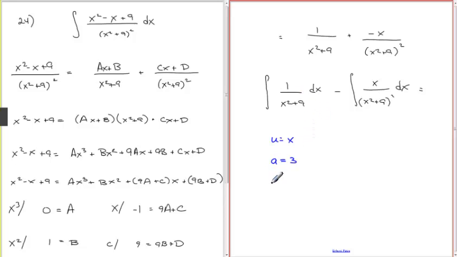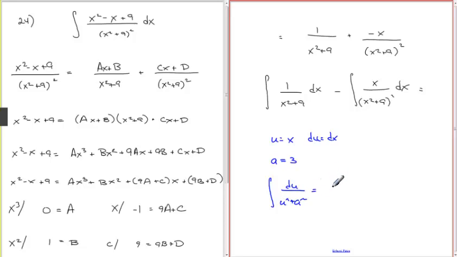And so when we rewrite this integral in terms of u and a, and also du is equal to dx, derivative of u is du, derivative of x is dx, this will become du over u squared plus a squared.